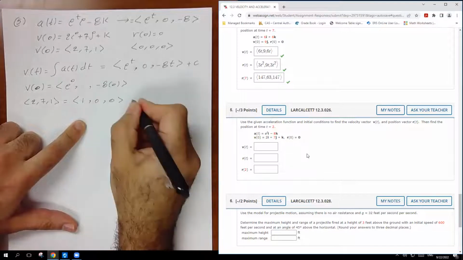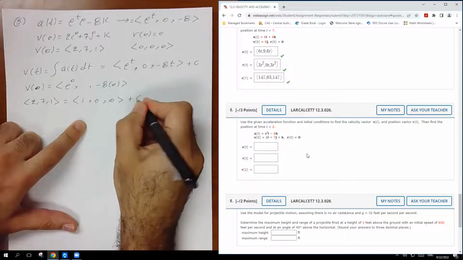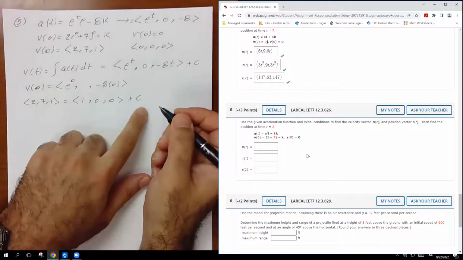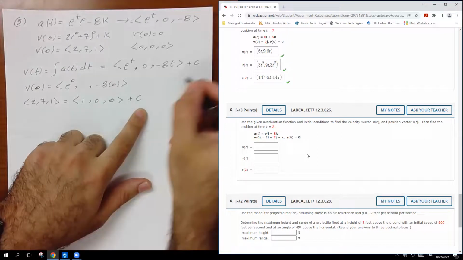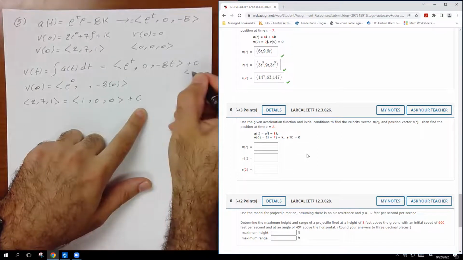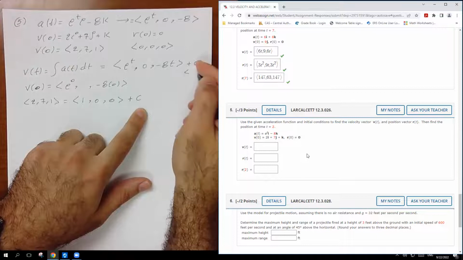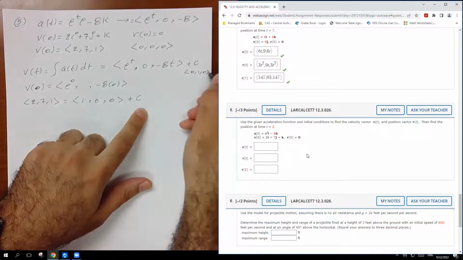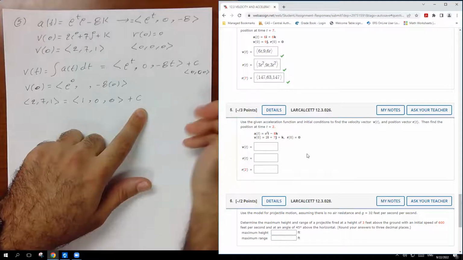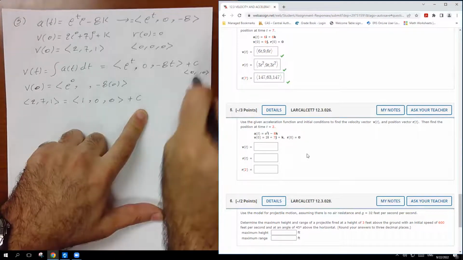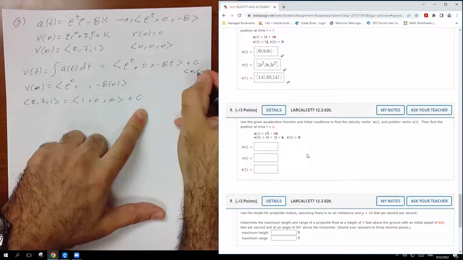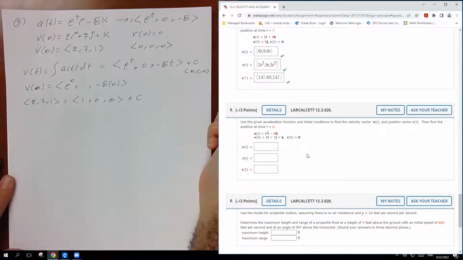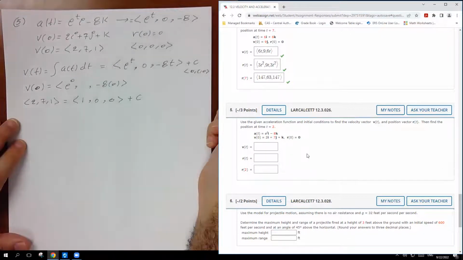Because now c as a vector, which is with the j, is going to be 0, 1, 0, like this. That's why we're going to find the value of c as a vector.